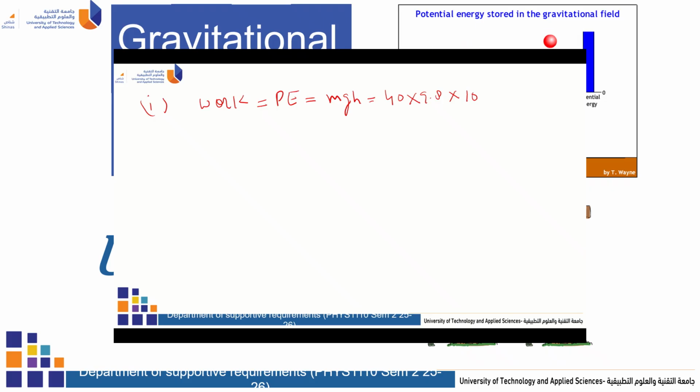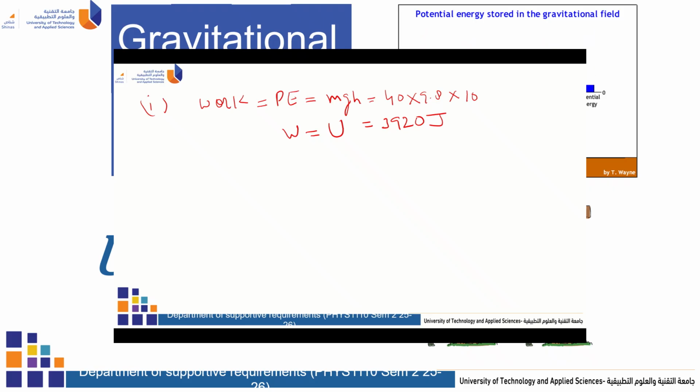So the value, if I calculate this number, will be 3920 joule. This is the value of the work, or you can say the value of the potential energy.